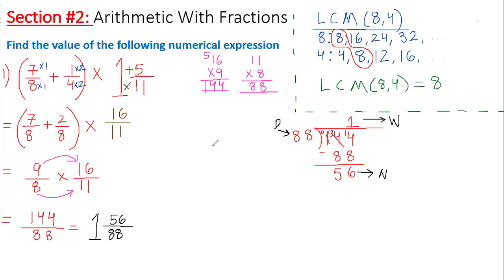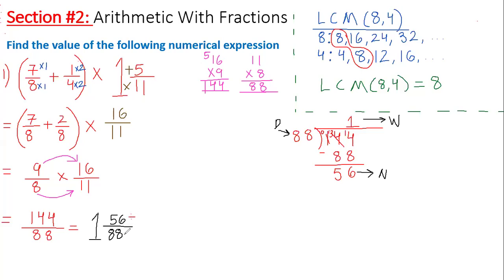Now, the problem is we still could simplify this because 56 and 88 can be simplified. What number can go into both of them? What number can go into both 56 and 88? 8. Who said 8? Janaya.